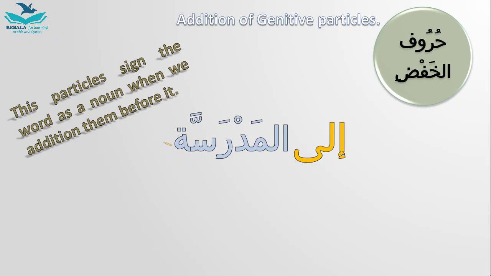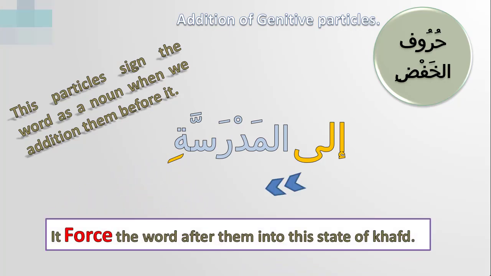So do you remember my question at the beginning about the task of these particles of khafd? Now we can say that they force the word after them into the state of khafd. And the grammatical sign of this state is a kasra added at the end of the word.